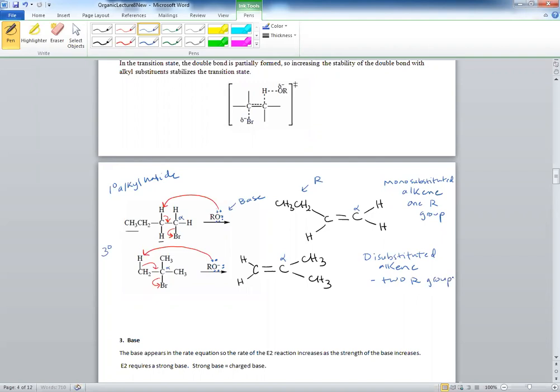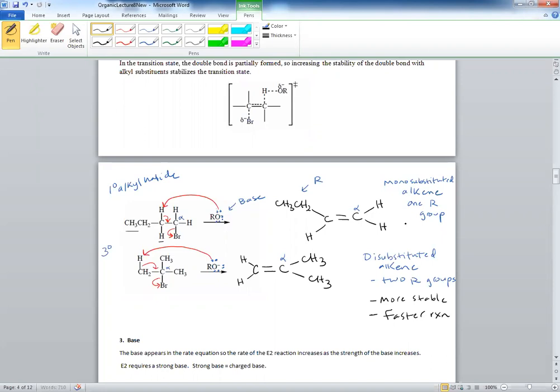Now, if you remember, which one would be more stable? The more R groups, the more stable. So this would be a more stable alkene, and it would give you a faster reaction.